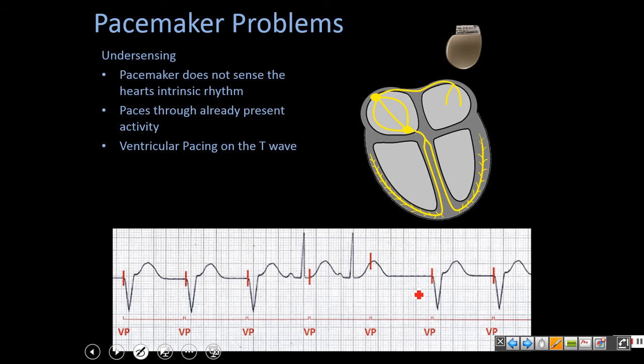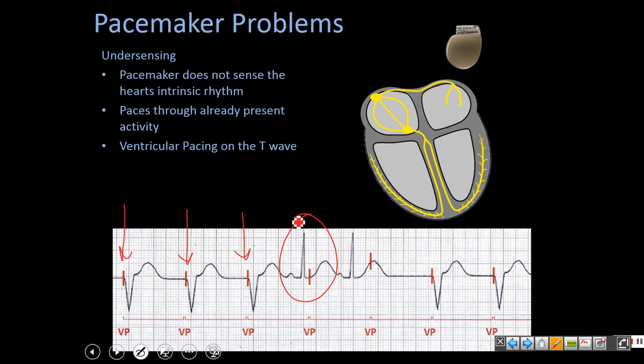Undersensing. When a pacemaker is undersensing, it is not sensitive enough. So it's not going to sense your already present cardiac activity. Now in this example down here, you've got vent pacing, and then what happens? It looks like your heart starts beating on its own. Now, the pacemaker should sense this and stop pacing, because it doesn't need to pace if your heart's beating on its own.